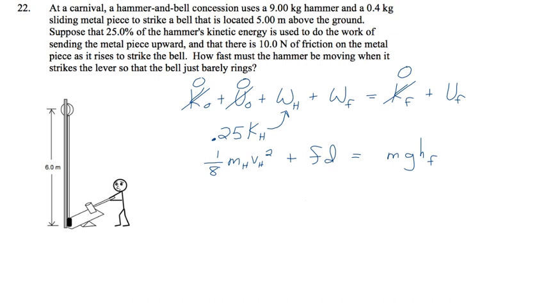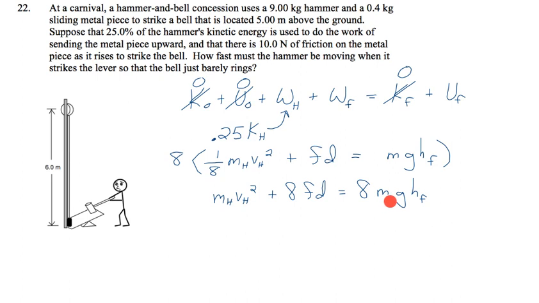The first thing I'm going to do is multiply everything by 8. So I'm going to get m_h v_h squared plus 8fd equals 8mgh_f.